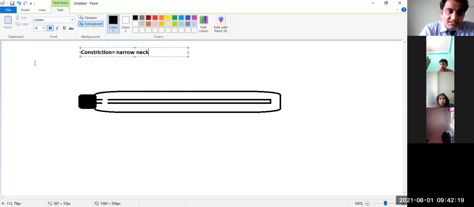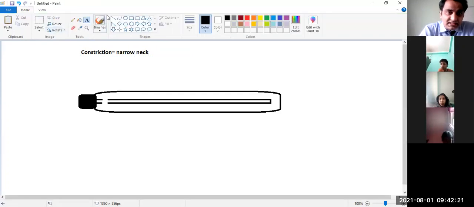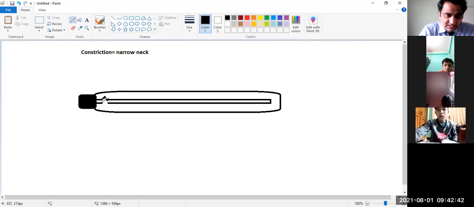This narrow neck or constriction is made near the bulb. Near the bulb, the capillary tube is twisted, making a narrow constriction.